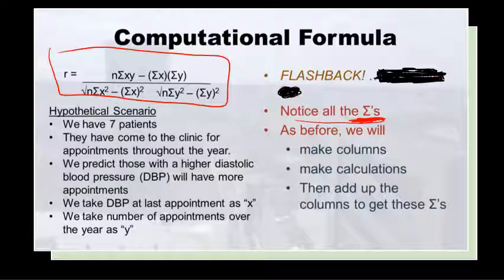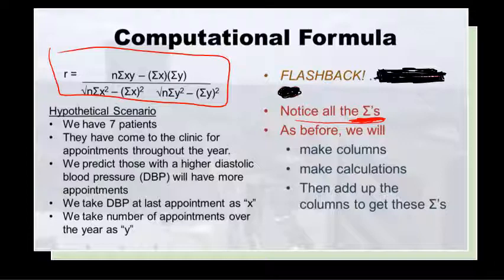Anyway, it's a whole lot easier to learn all this stuff and put it into perspective if we have a story, if we have a pretend study to work on. So pretend that we have 7 patients, and they came into our clinic for appointments throughout the year, and we are trying to find something out about their blood pressure.